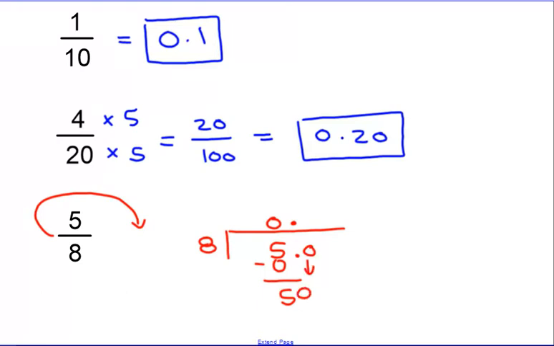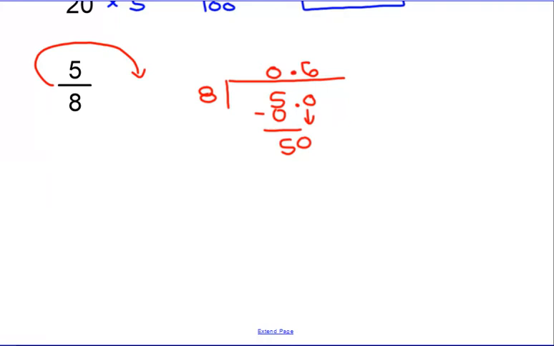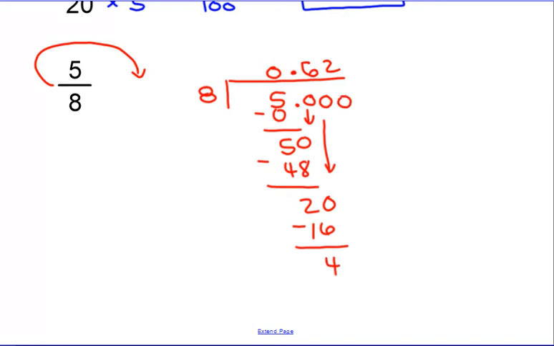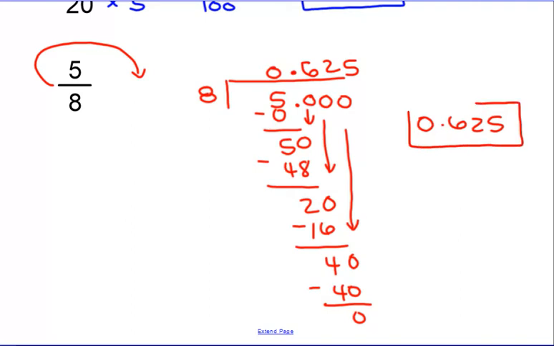Bring it down. 8 goes into 50 6 times. 6 times 8 is 48. Subtract. You get 2. Add a 0. Bring it down. 8 goes into 20 twice. 16. Subtract. You get 4. Add a 0. Bring it down. 8 goes into 40 5 times. Subtract, and you get 0. So your final answer here is 625 thousandths, or 0.625.